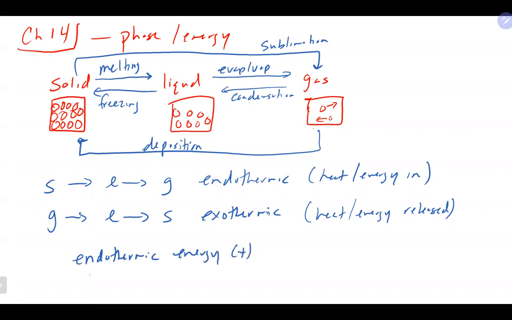In terms of values for energy, exothermic values are negative. So if you have some type of energy value given to you that's negative, you know that process overall is exothermic. And if you have one that is endothermic, it will be a positive value.